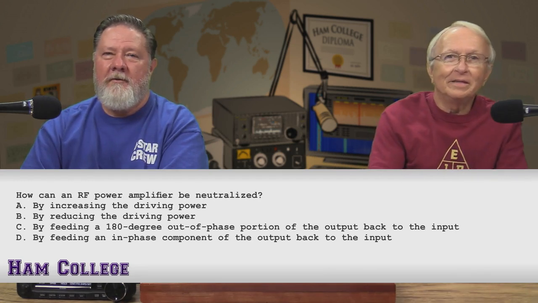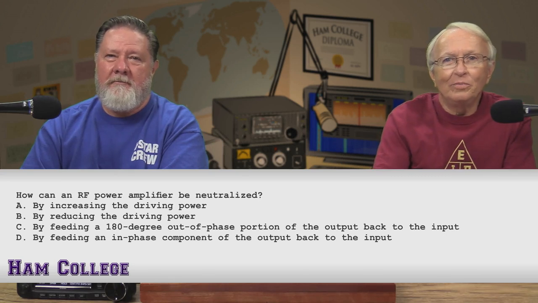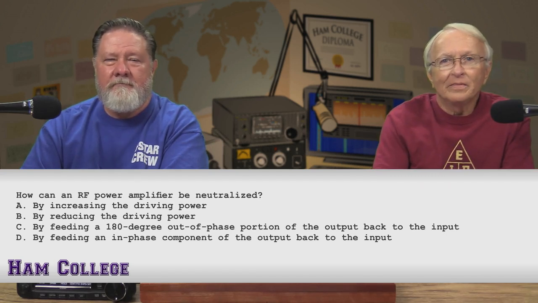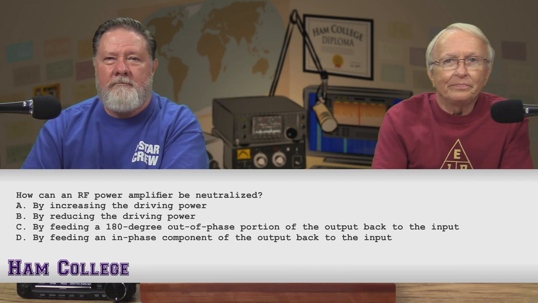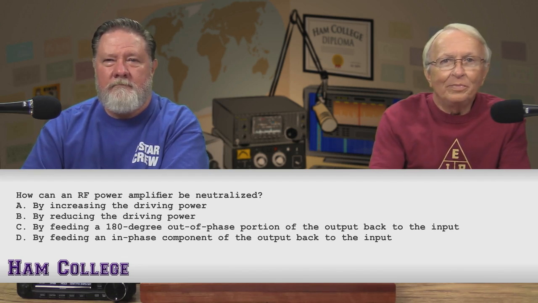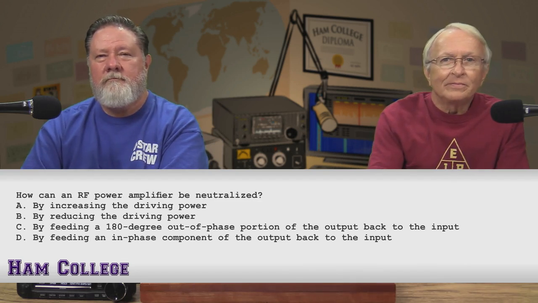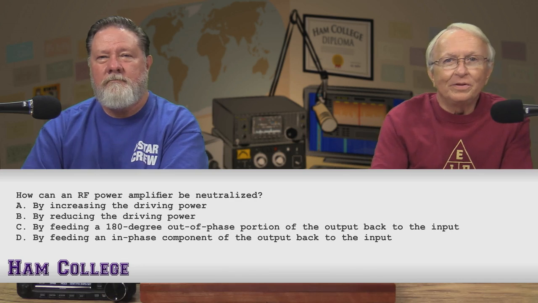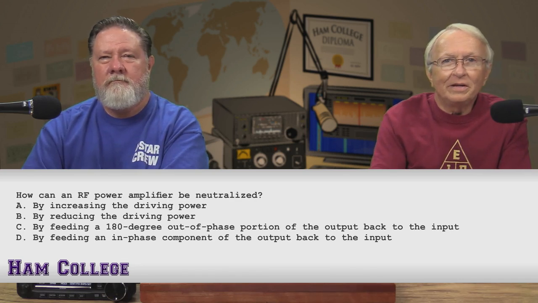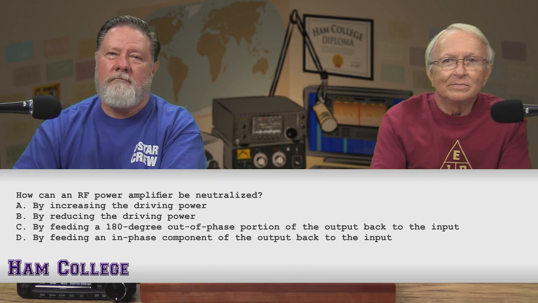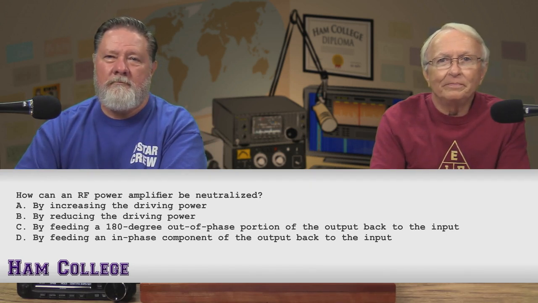How can an RF power amplifier be neutralized? It's not A, it's not B. So then you got your choice. You can put an in-phase or out-of-phase portion of the output back to the input.